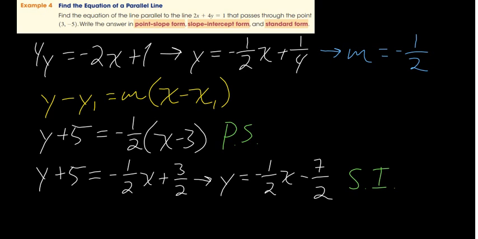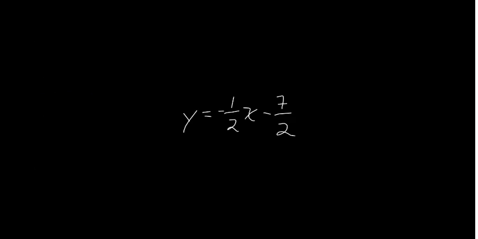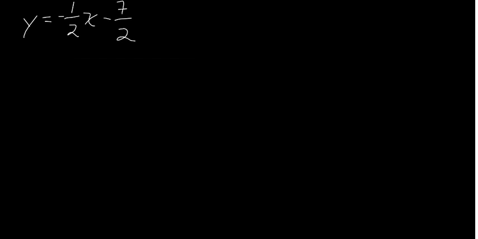Okay, and on the next page we're going to have to do the standard form. Going from here again, we have to put the x and y's on one side as well as clear any fraction, right? So we're going to have 1/2 x plus y is equal to 7/2.